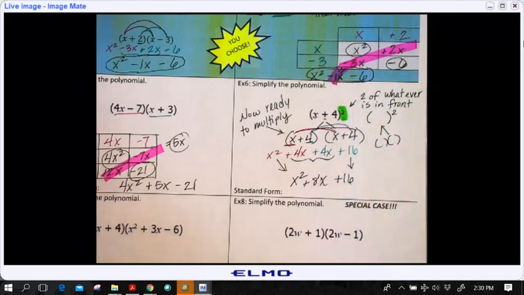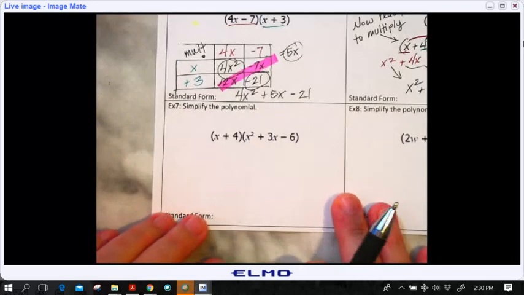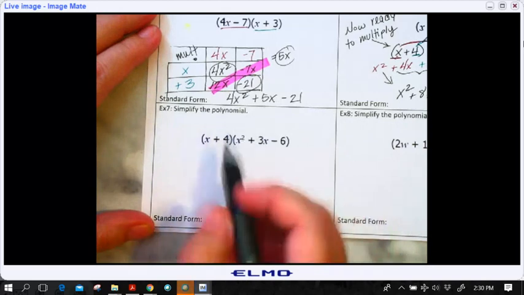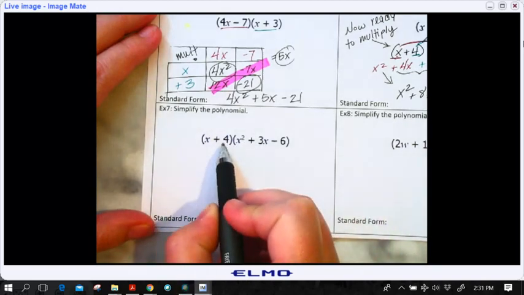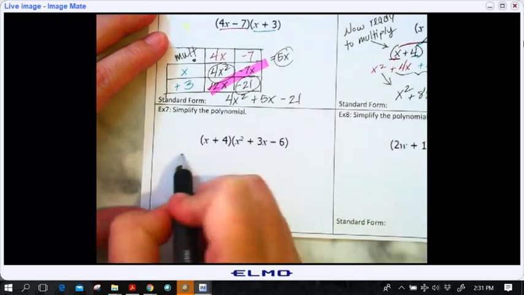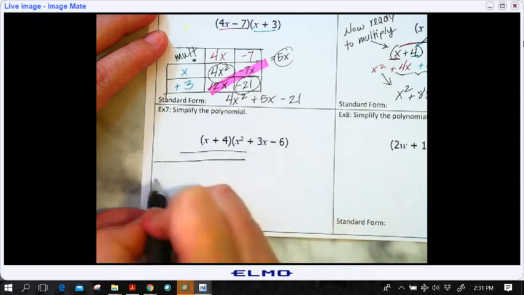Alrighty. Okay, let's do example 7, and I am going to do this using the box method or the area model. Now I need to be careful. This time now I have 3 terms, okay?